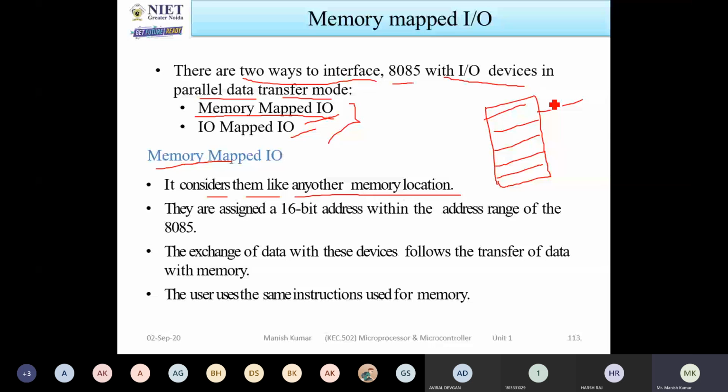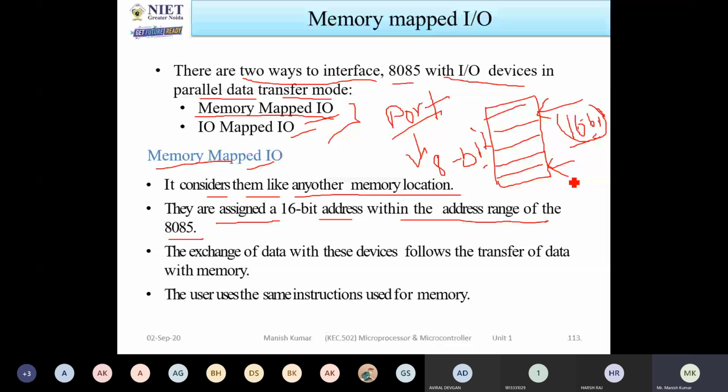But I have already told that when you are using input output devices, that is a port address of the device. This port address is of 8 bits. So this is the difference between these two. In memory mapped input output, you have to assign a 16-bit address within the address range of 8085. With the help of the 16-bit address, you can access any memory location either for reading or for writing.